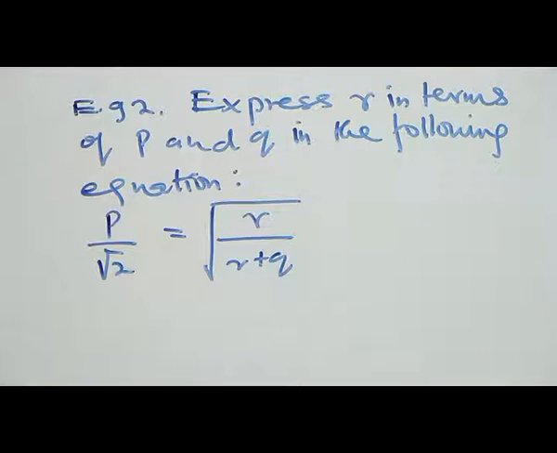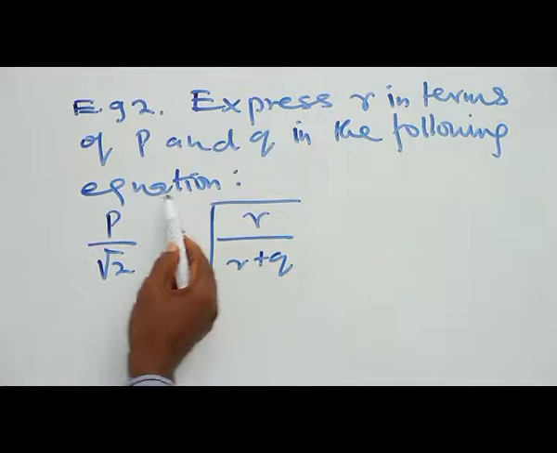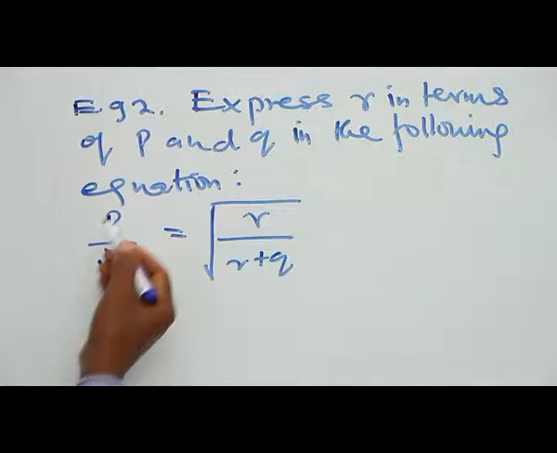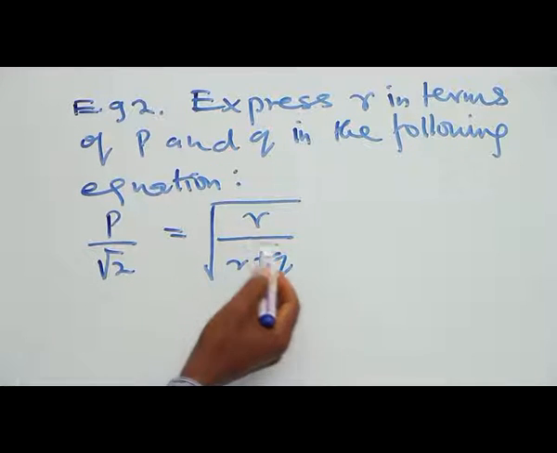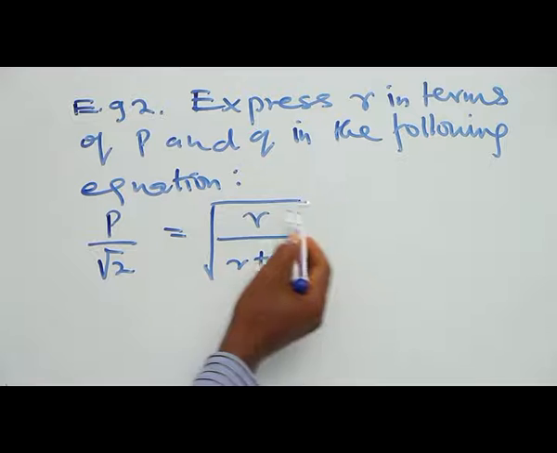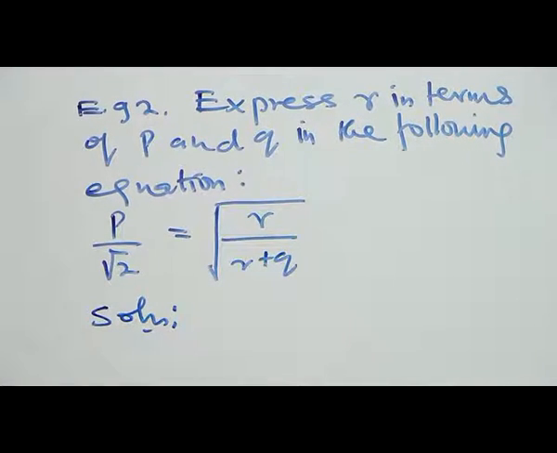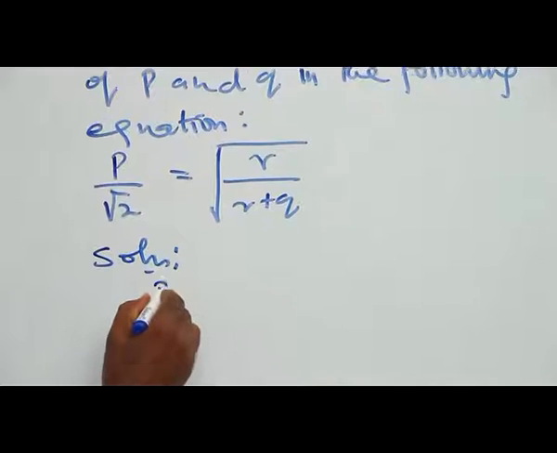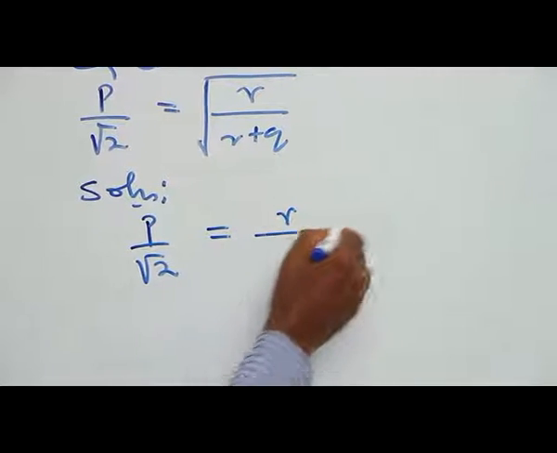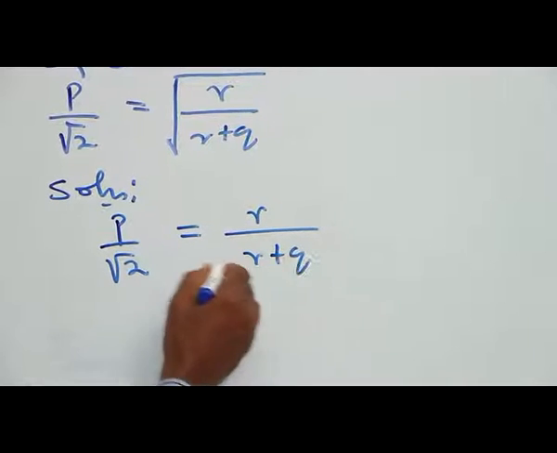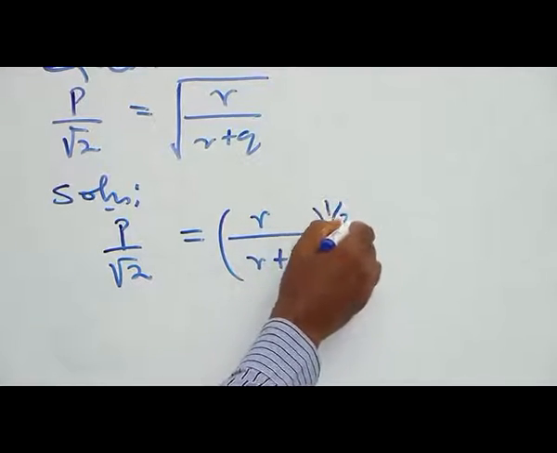Example number 2. Express R in terms of P and Q in the following equation. P all over the square root of 2 equal to the square root of R all over R plus Q. Our solution. We have P all over root 2 equal to R all over R plus Q also raised to power half.